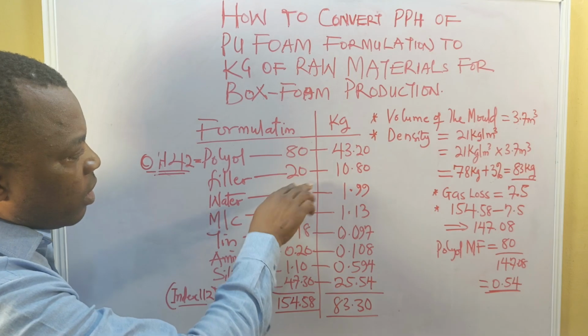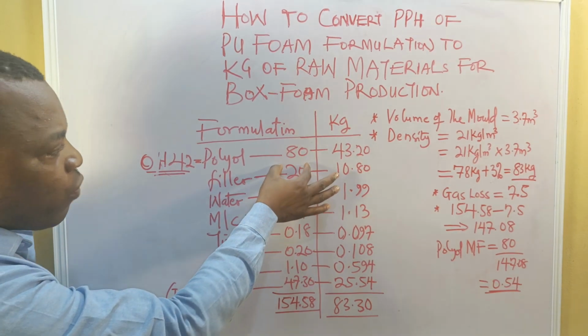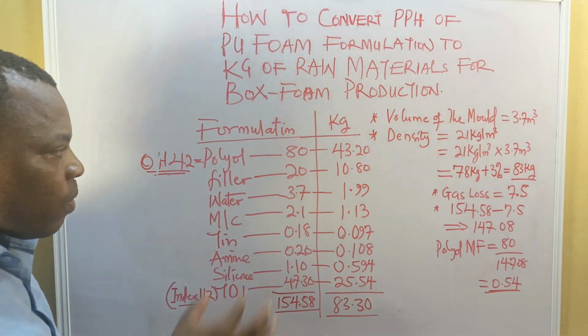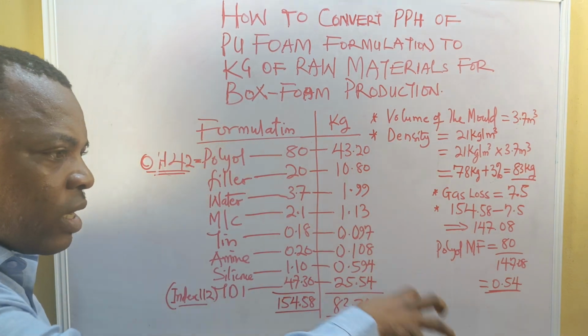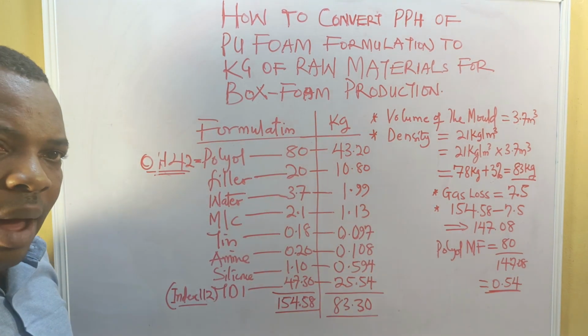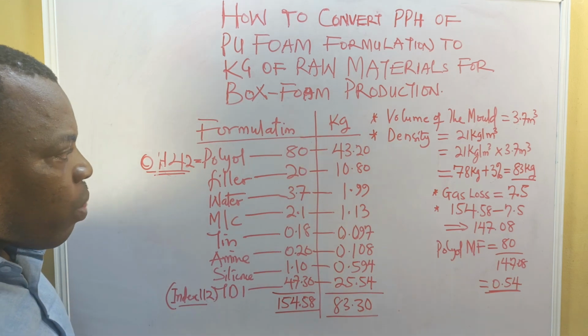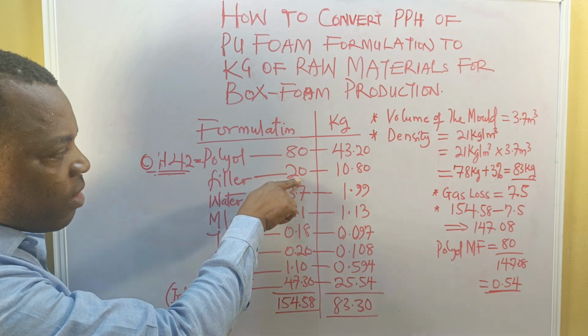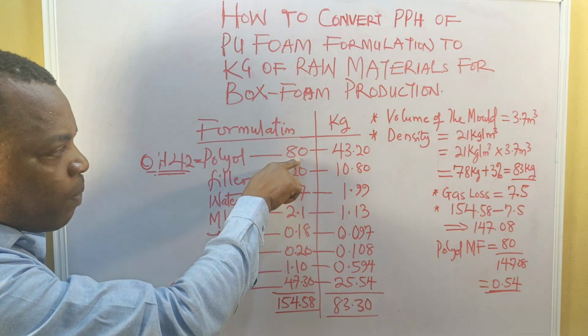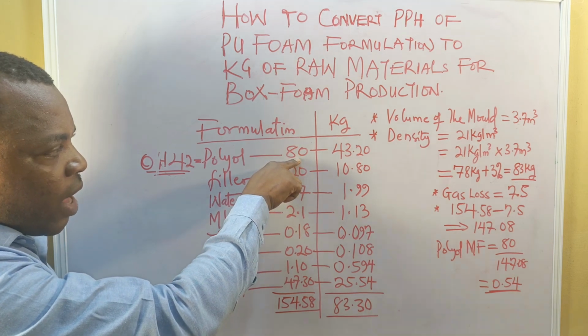Now, looking at this formulation, there is a filler of 20%. Adding filler to a virgin polyol means you have to do it in a substitution manner. So what it means is you remove 20 parts of filler from here.